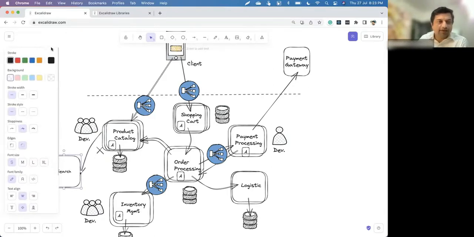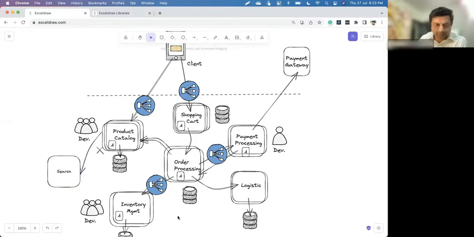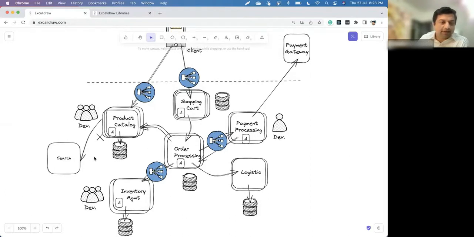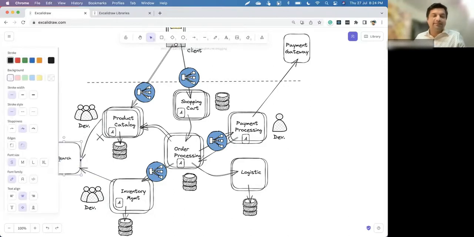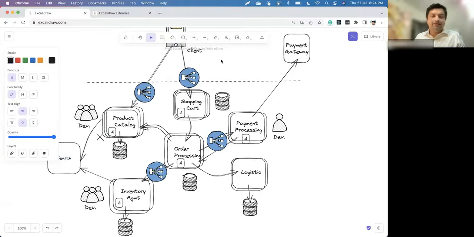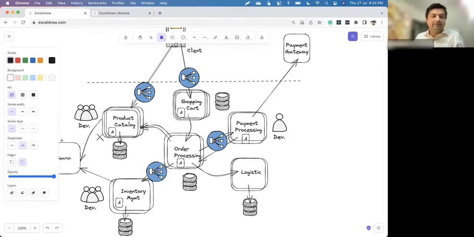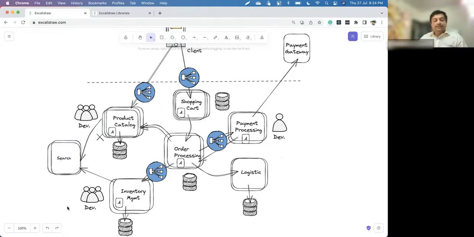Now if someone wants to implement a search engine, for example, let's say inventory also wants to have a search, they can directly use this search service. This is a specialized service, and this is the way you can have reuse.